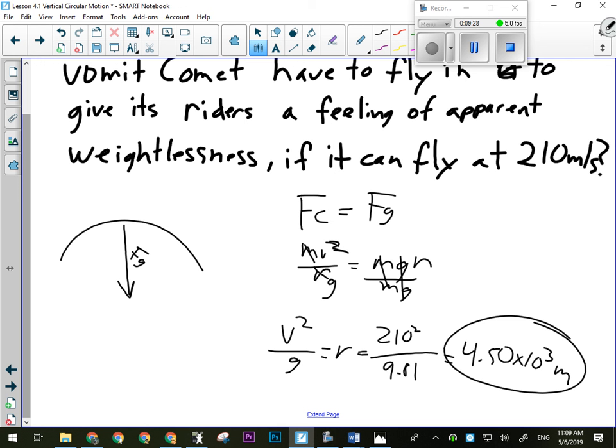That may seem really big, but it's actually not unreasonable for what we're doing there. All right, are these vertical circular motion questions making some sense? Okay. I'm going to have you work on a couple more here just so we make sure we get the hang, because what do you suppose tomorrow's quiz will be on? Vertical circular motion, yeah.